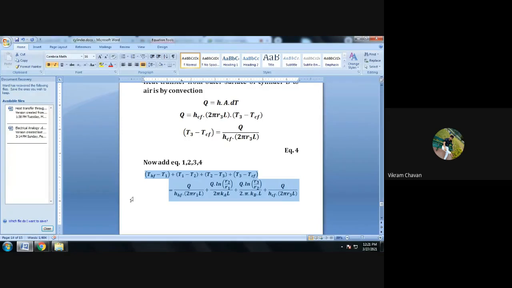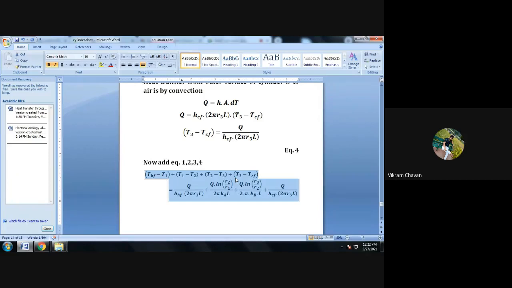Now focus on the left hand side: minus T1 plus T1 will be cancelled, minus T2 plus T2 will be cancelled, minus T3 plus T3 will be cancelled.